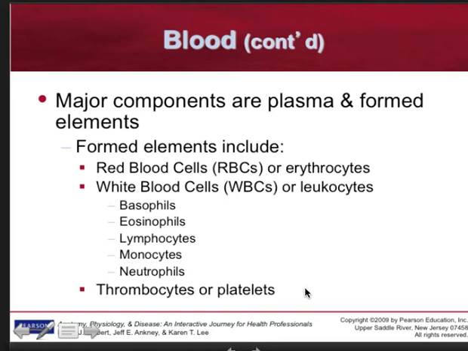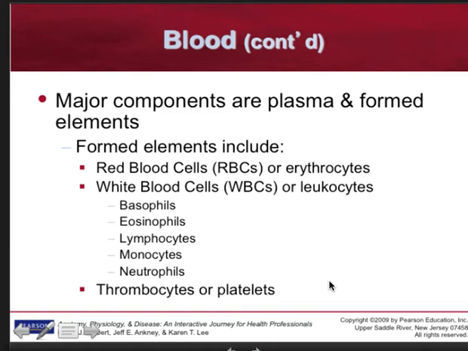Now, one thing to understand is that of these cells we've listed, the red blood cells and the thrombocytes have no nuclei. They're basically a cytoplasmic membrane that encloses a cytoplasm that consists of proteins and the occasional little bit of protein assembly machinery, but there's no nucleus.